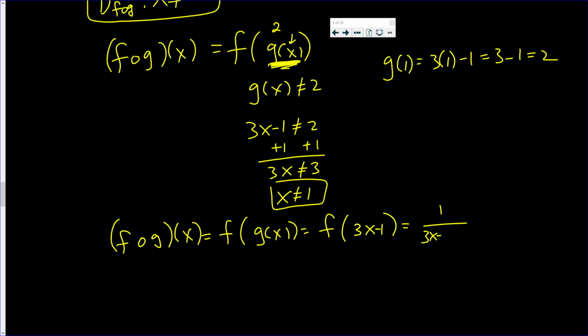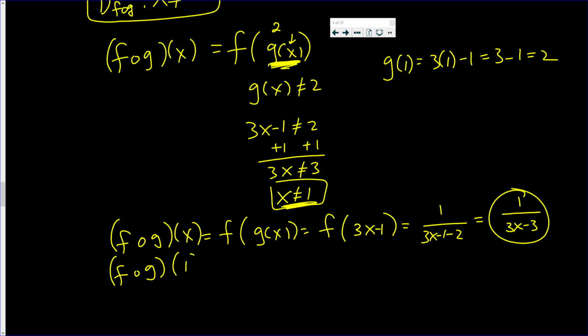So you have 3x minus 1 minus 2, which is 1 over 3x minus 3. Okay. Coincidentally, that has the same restriction. So you don't have to say it, because even if you did try to find f circle g of 1, you'd get 1 over 3 times 1 minus 3, which is 1 over 3 minus 3, which is 1 over 0, which is undefined.